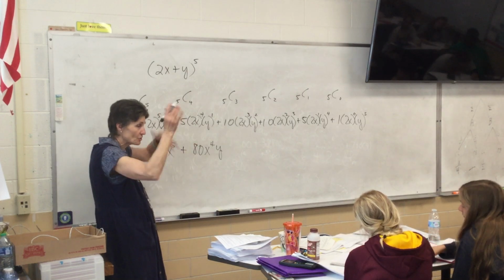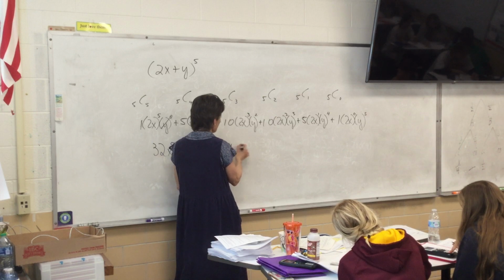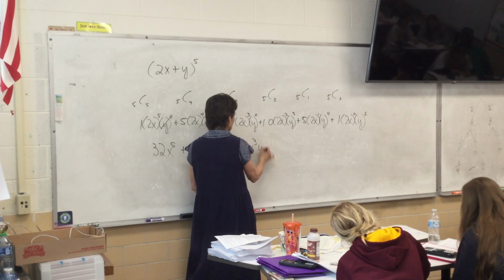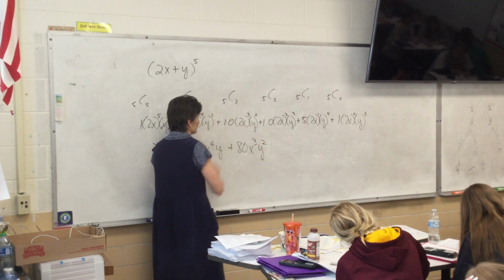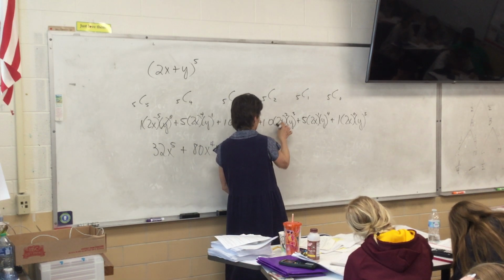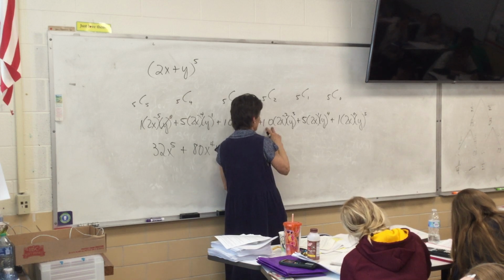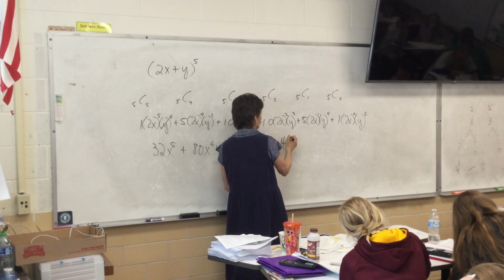Is that making sense to you? You see what's happening? So the next one's going to be another 80, I guess. 80x cubed y squared, because that's an 8. What's the next one? Where is the 10, 40.